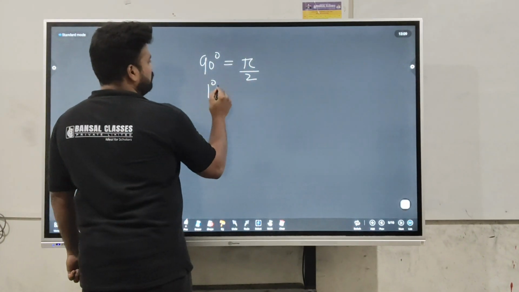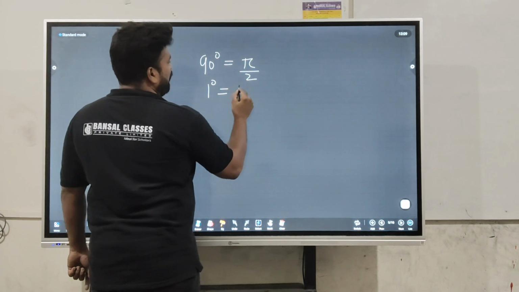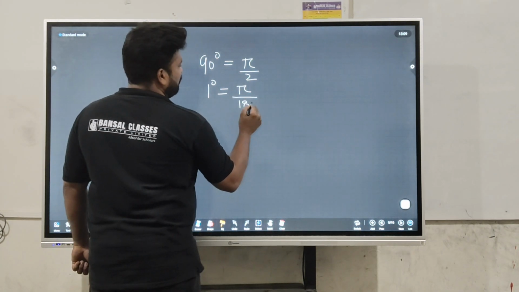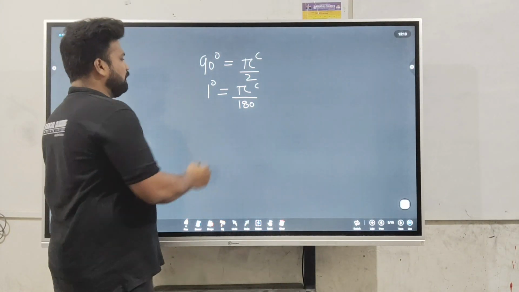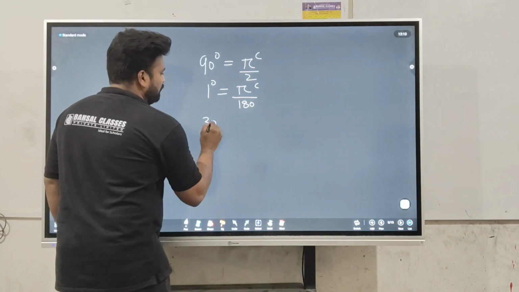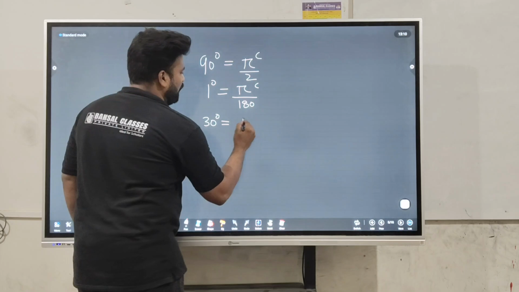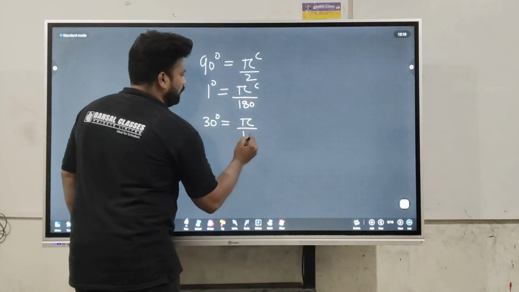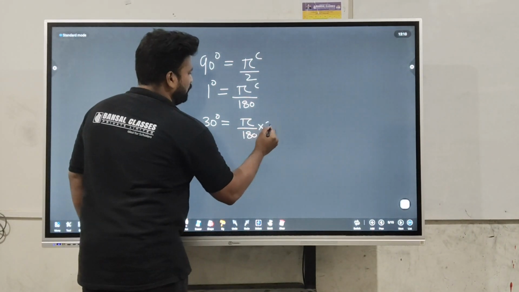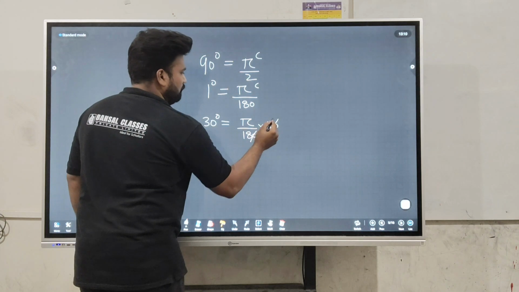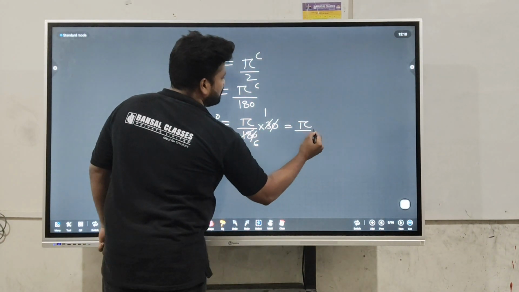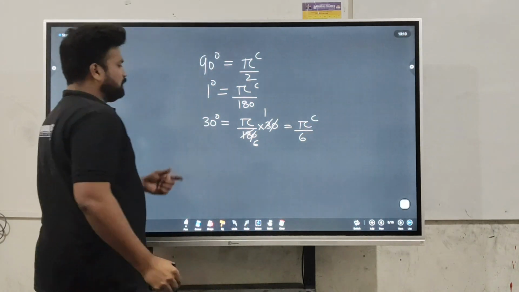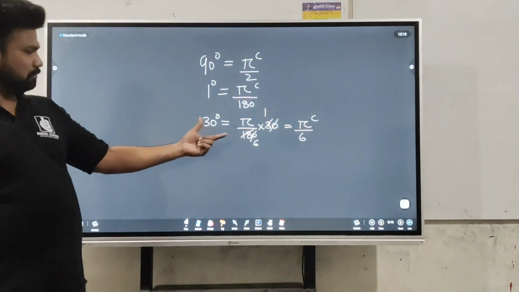So 1 degree is equal to pi by 180 radian. If any angle is given, like 30 degree, it is pi upon 180 into 30, which is pi by 6 radian. So 30 degree is equal to pi by 6 radian.